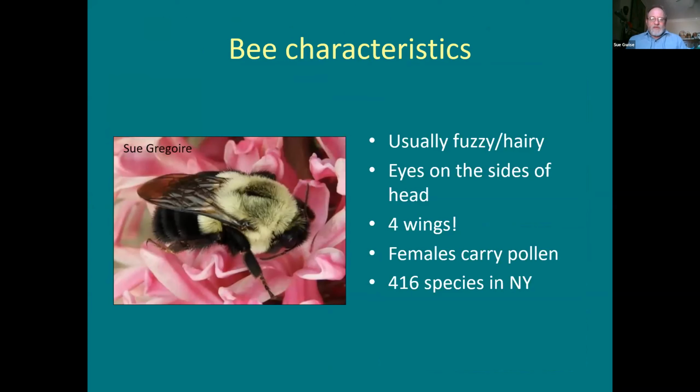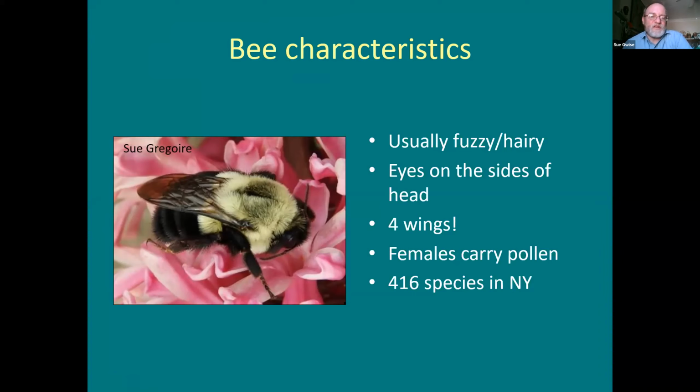So let's talk about bees. These are things that Sue also touched on, but I can reiterate. I always like hearing things more than once. They sink in a little bit better. So bees are often fuzzy, they're hairy, they have eyes on the side of their head, and that's an important character for distinguishing them from flies, as is the number of wings.